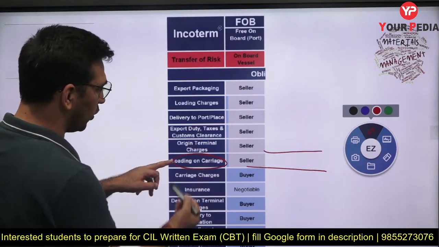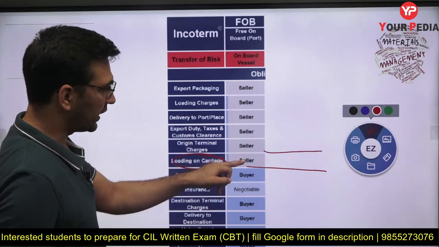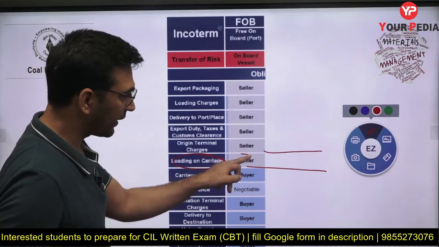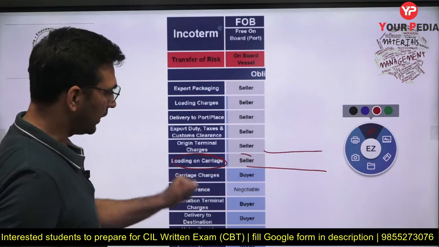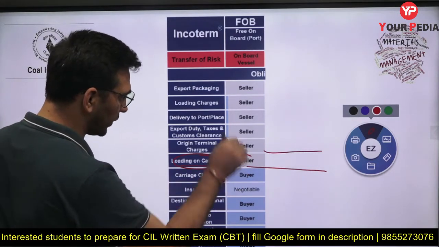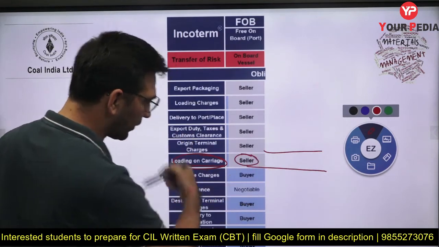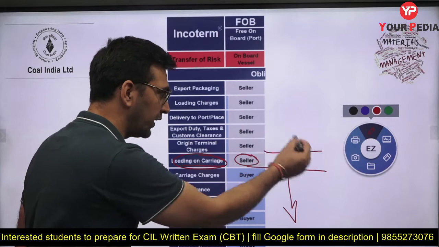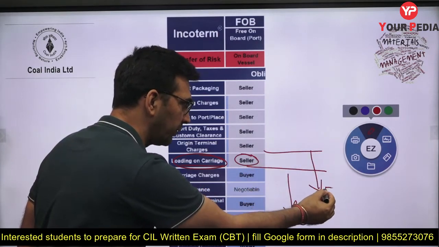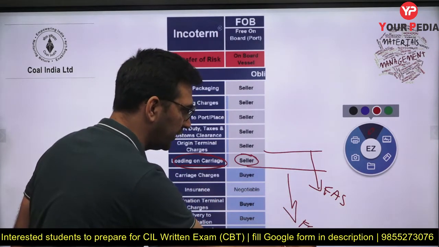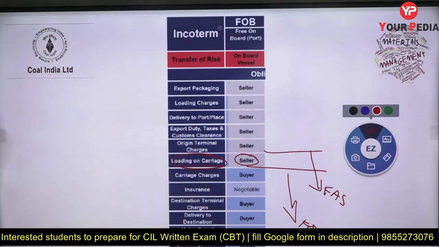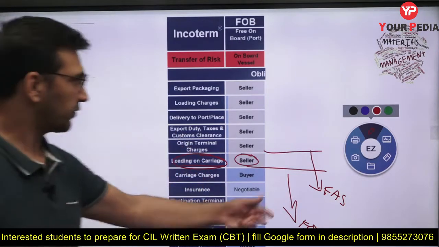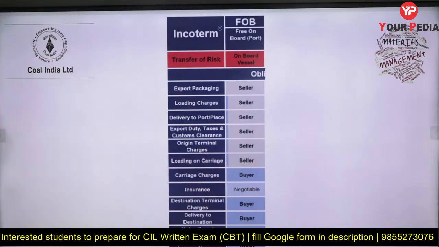Loading charges, loading onto the carriage, loading on the ship, earlier were the part of the buyer, right? Now, because you are giving on board, loading is now the part of the seller. So buyer risk starts from here now, whereas in case of FAS it was starting from here. In FOB it is starting from here. This is the additional term that got included, and thereafter all those other charges are on his side.